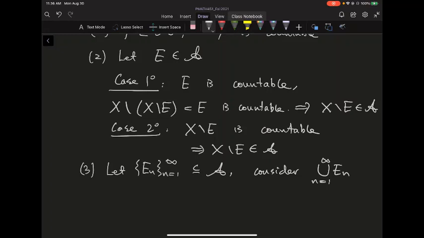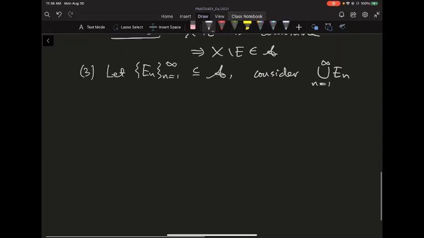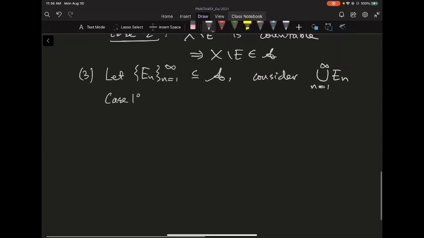Because this is a countable collection of sets and each one of them is either countable or co-countable, let's consider two cases. Case 1: if all the E_n are countable, then we're taking a countable union of countable sets, so the union should be countable.